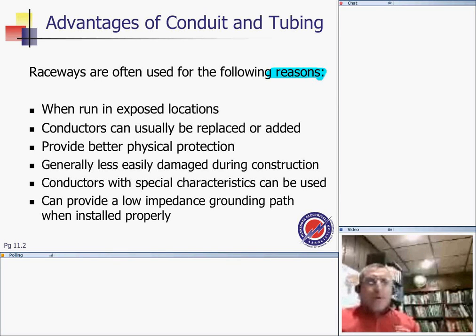Though for the most part, if you are to wire a whole building with MC cable versus AC cable, it might take you less time with MC cable. But if you do your conduit right, you might break even, as I always say. How many of you would rather use an MC cable or AC cable versus EMT, if you can?